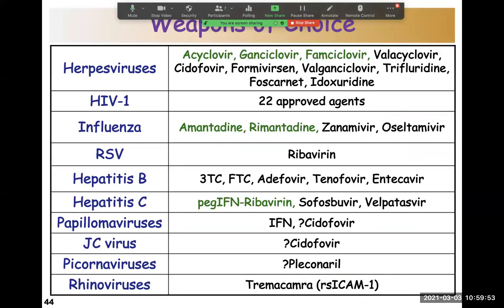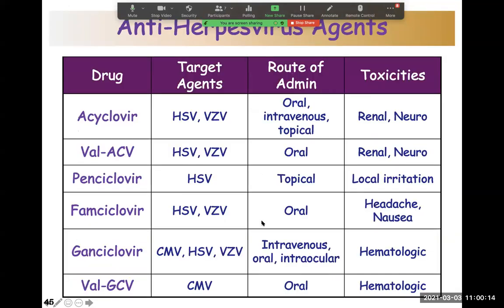The weapons of choice, again, there are many options, and you can see the guanosine analogs are the major option for many of them. And these are the various viruses with the particular antivirals that are available. I want to focus on one of these, IFN, in a moment.